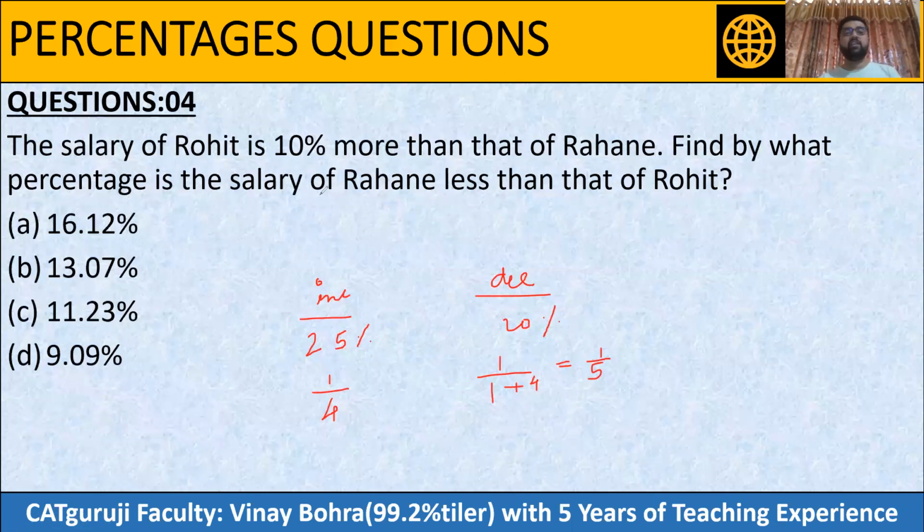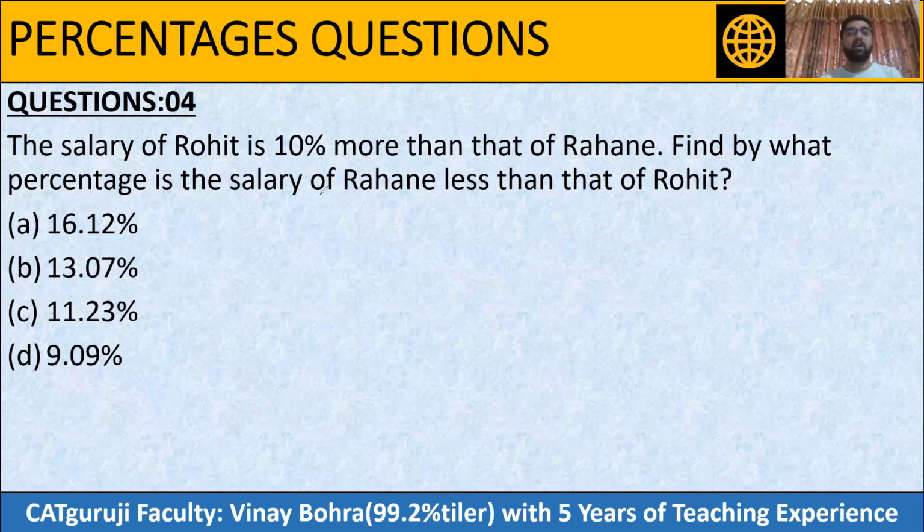It is given the salary of Rohit is 10% more than Rahane. Find by what percent the salary of Rahane is less than Rohit. So Rahane and Rohit's salaries are in inverse proportion. If one is more, the second is less. So again, increment, decrement. Your increment is 10%, which is 1 by 10.